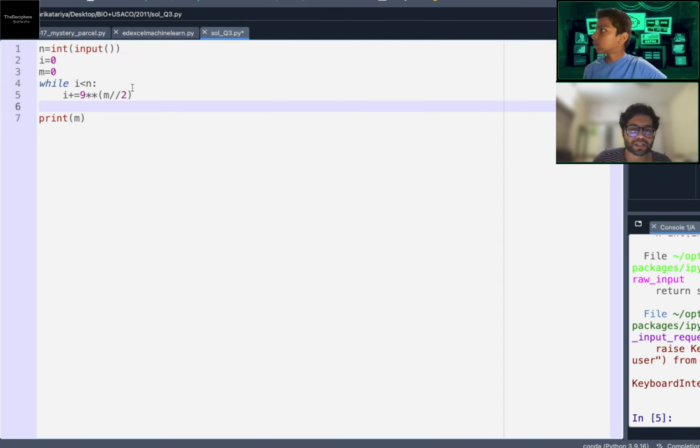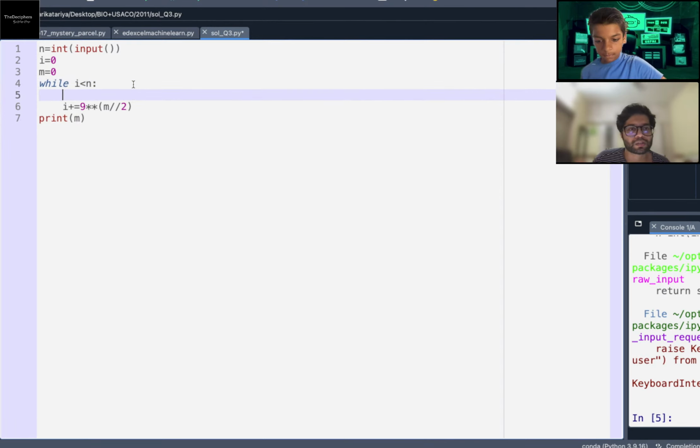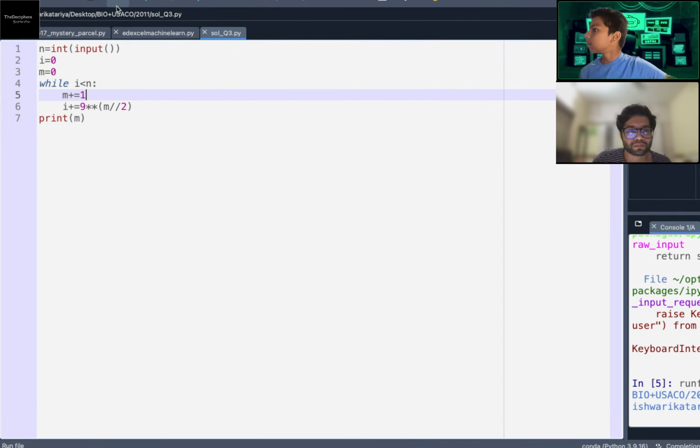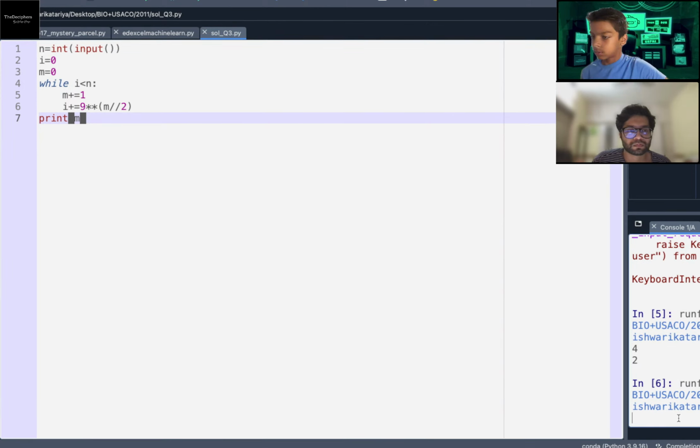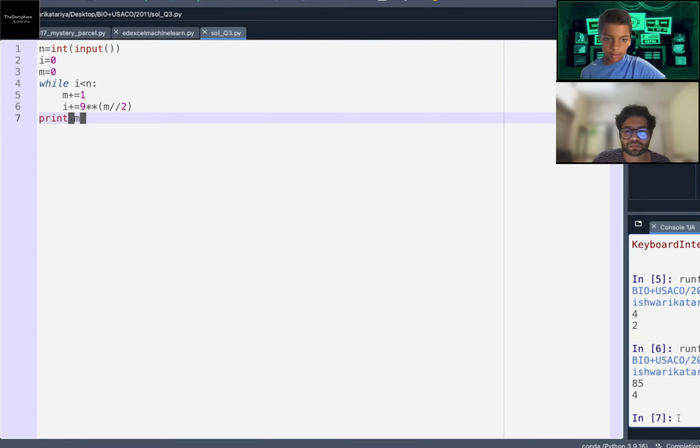Right. Like 5 and zip line should be with. Let's do an input 4, 2, and then 85. And 4, that's 1, 2, 3, 4, yeah, that works.